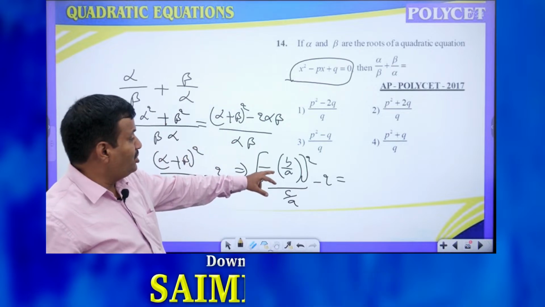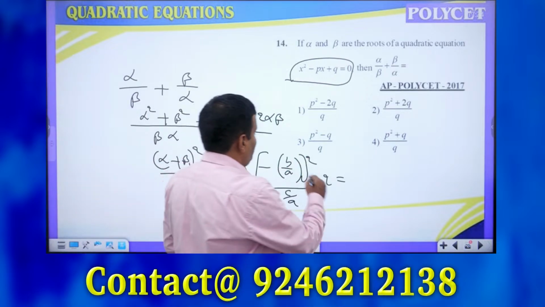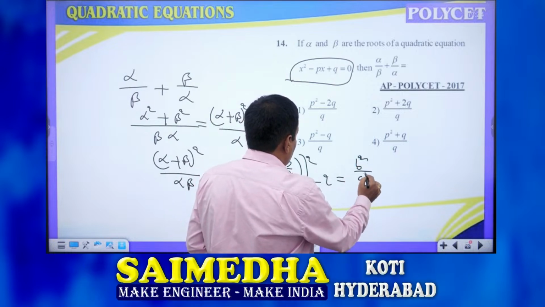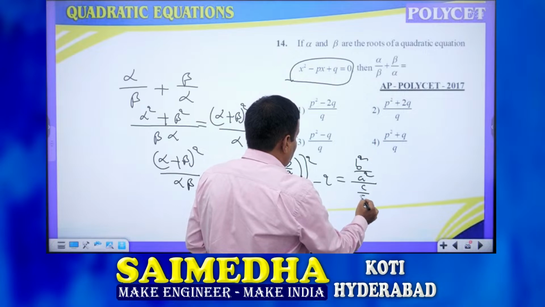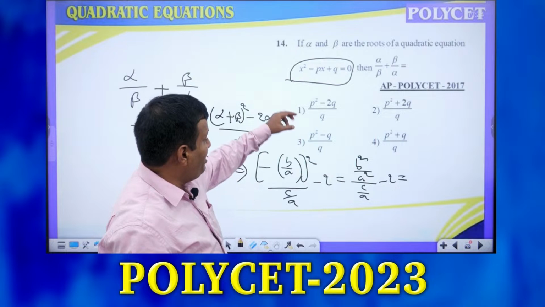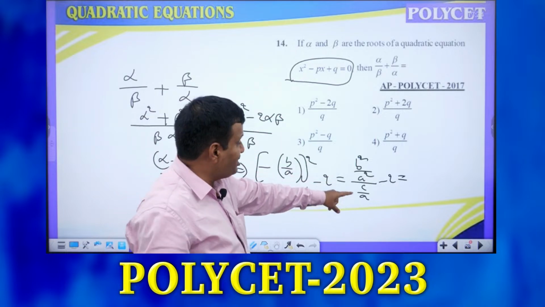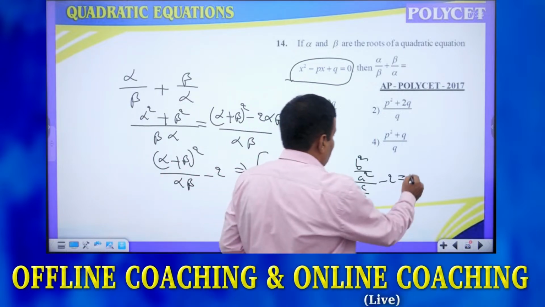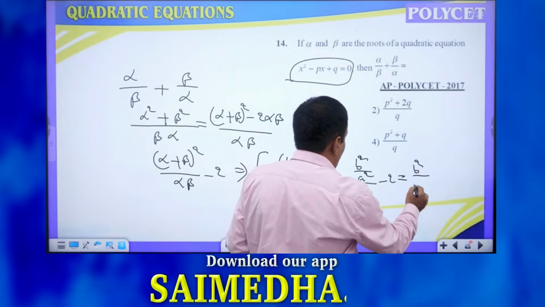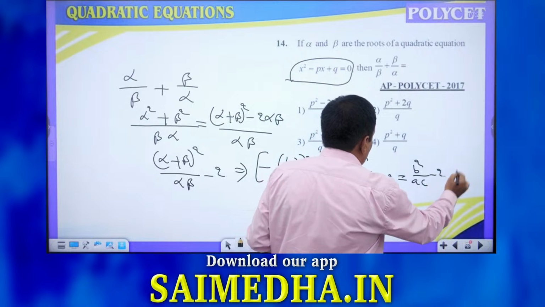If you observe, this is b square by a square divided by c by a, minus 2. A will be cancelled: b square divided by ac, minus 2.